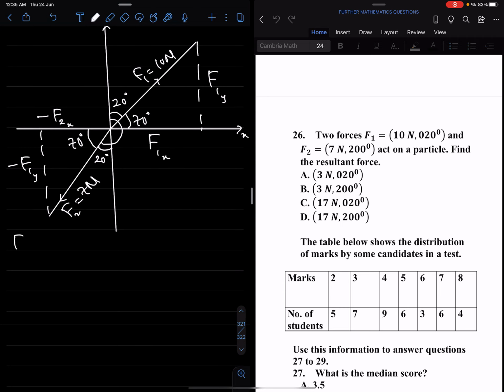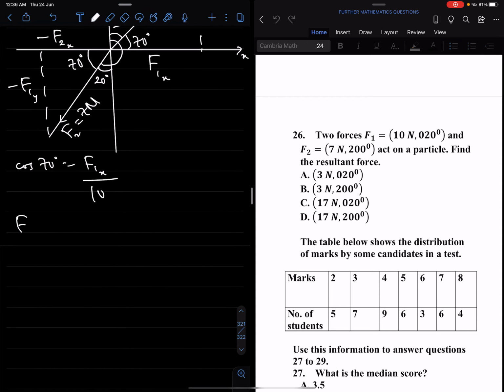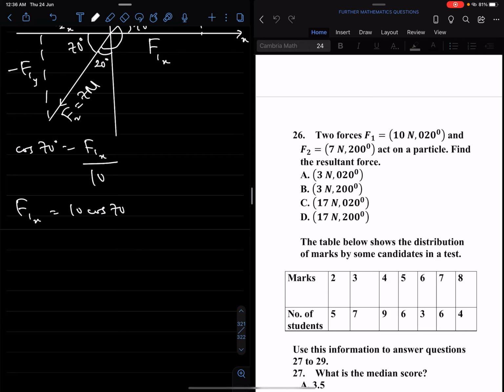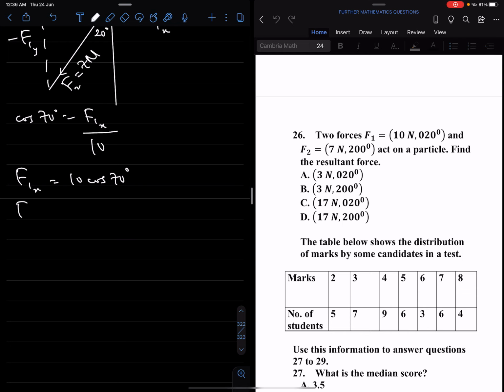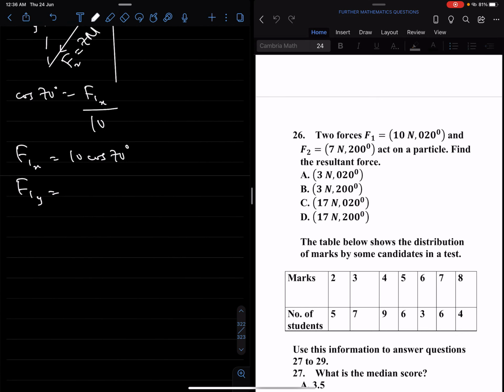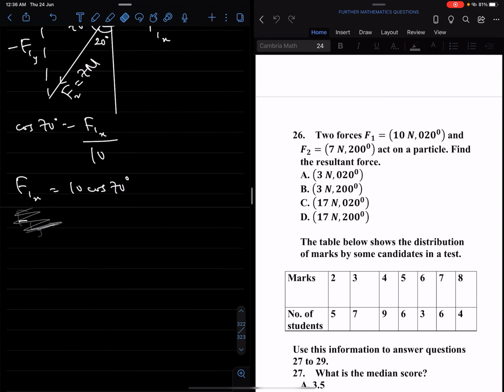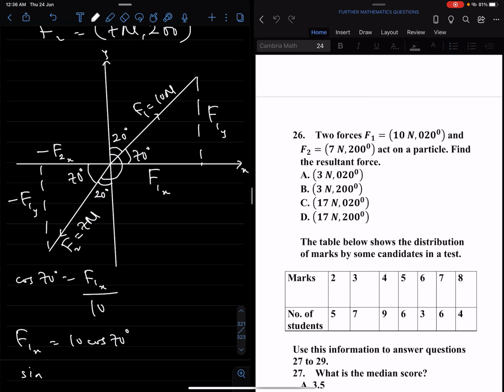Now F1x: cos 70 degrees equals adjacent, which is F1x, over hypotenuse, over 10, and that simply means F1x equals 10 cos 70 degrees, and F1y, that's the vertical component of F1, I know that sine 70 degrees equals F1y over 10.